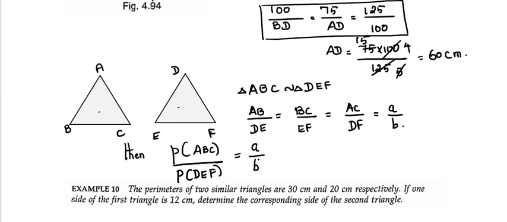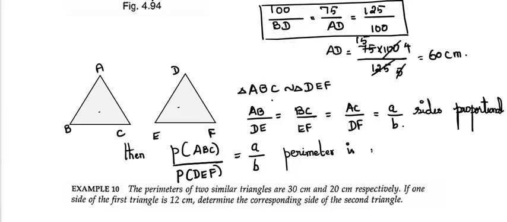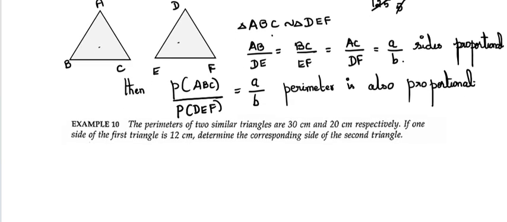Important concept: if the triangles are similar, sides are proportional, and the perimeter is also proportional. Definite question. Any triangle after similarity, they will definitely ask this.